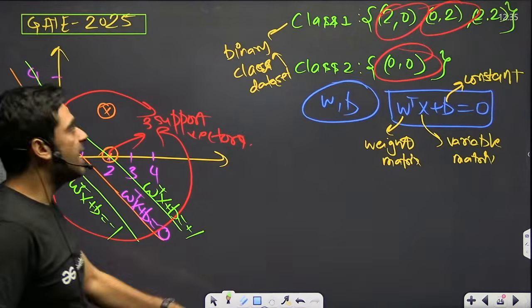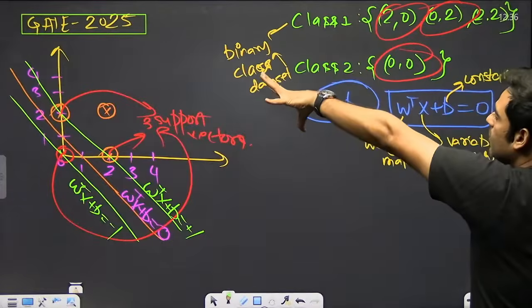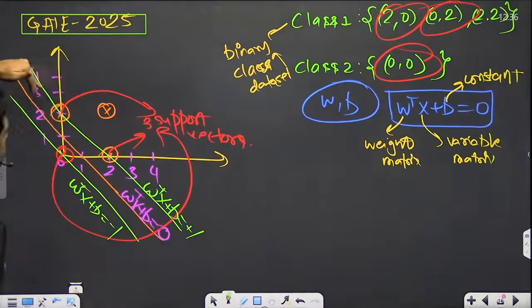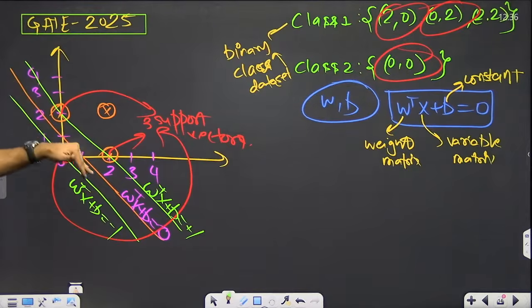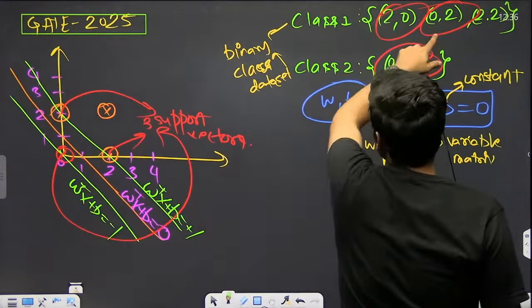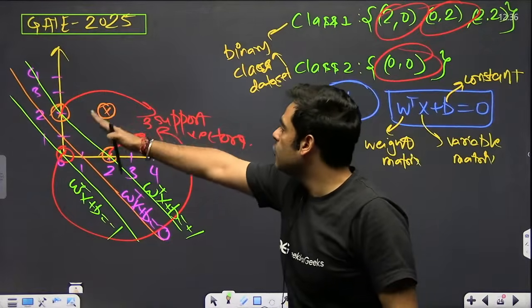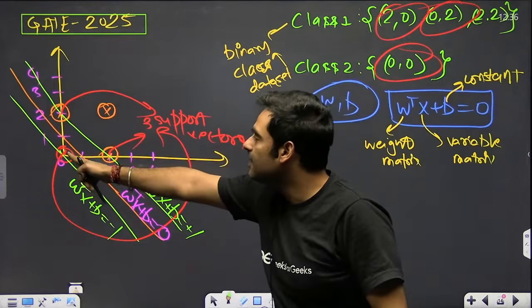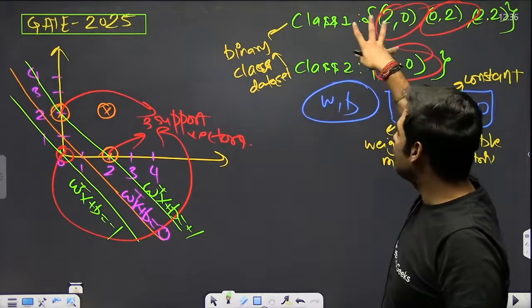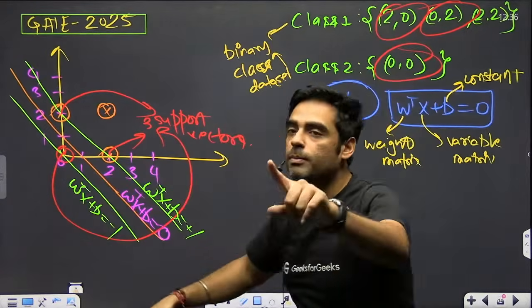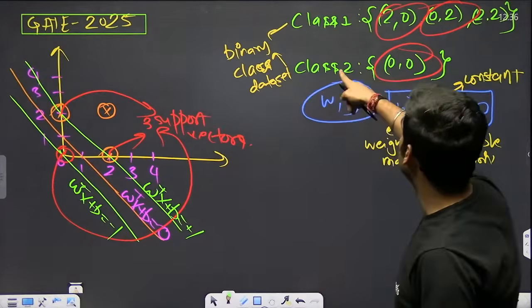See, Newsbuster, based on this data set, these 2 points are the nearest to this hyperplane. So I can say that these 2 are the 2 support vectors from class 1, and since we only have 4 points in the data set, 0, 0 may be the third support vector, belonging to class 2.